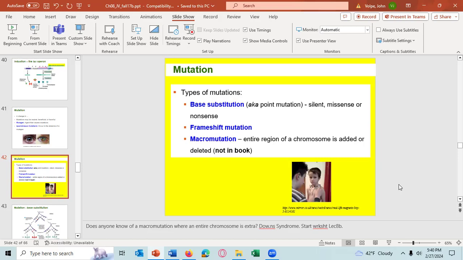And so that will change that amino acid, or it may change that amino acid. Everyone see that? But what's more, when you add a base, it changes the reading frame of the codon because the codons are read by 3. Is that clear to everyone?